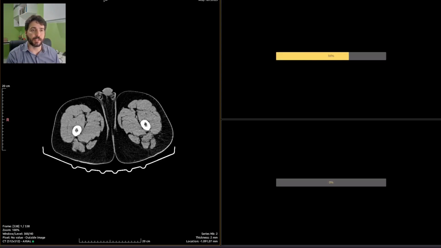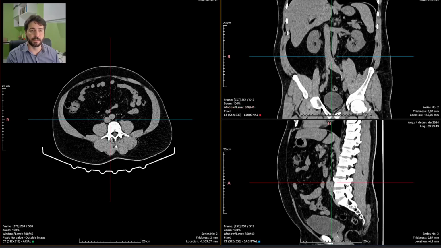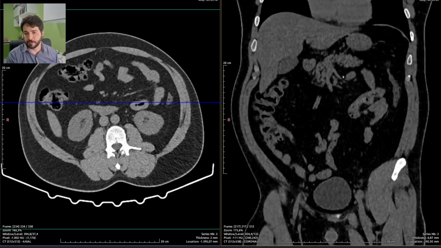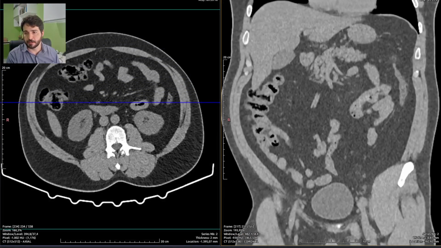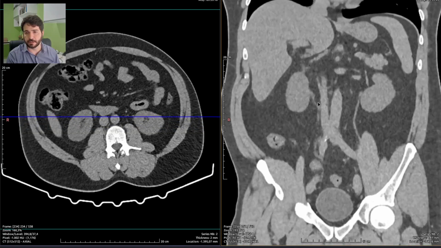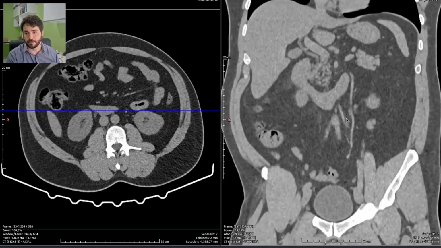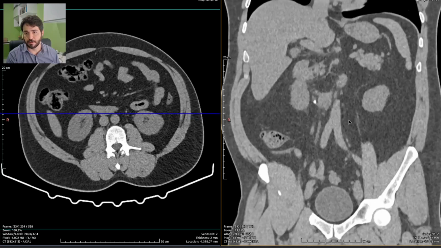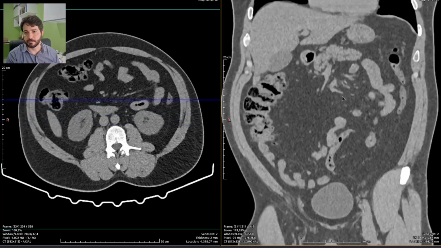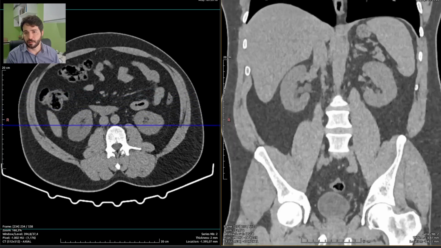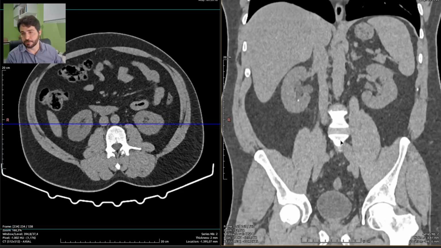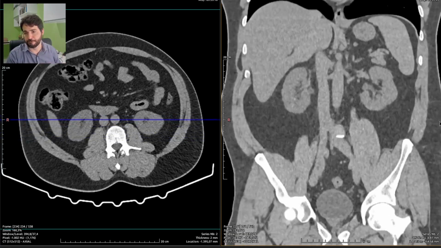We can hit MPR. The MPR button makes it a sagittal and a coronal exam by reconstructing the images in a beautiful way, and we can see right here the stone is really stuck inside the ureter right before the ureter crosses behind the inferior vena cava.